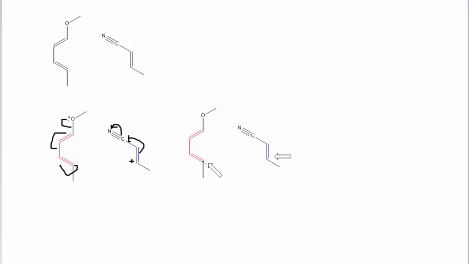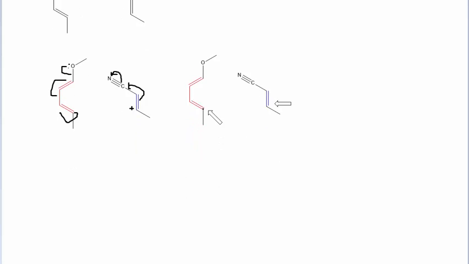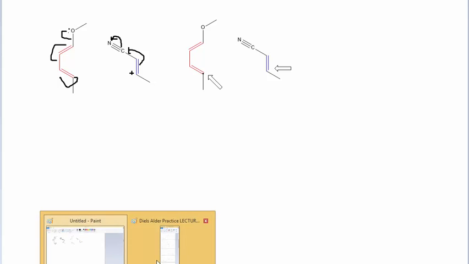So you have the partial negative over here, the partial positive over here. These are lined up. Now you'll notice this is an electron withdrawing group and it's facing left. So what we need to do is orient it so that it is going to be facing right for the endo rule to work.